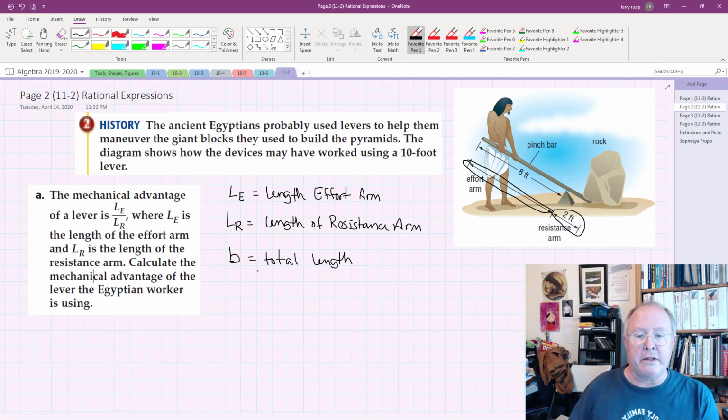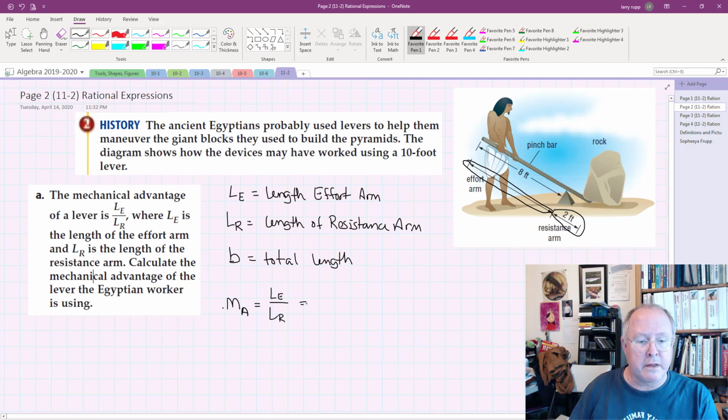It says calculate the mechanical advantage of the lever the Egyptian worker is using. All right, so mechanical advantage, we'll just call it M sub A. Mechanical advantage is L sub E over L sub R. L sub E is the length of the effort arm, and from the diagram you can see that it is 8 feet.